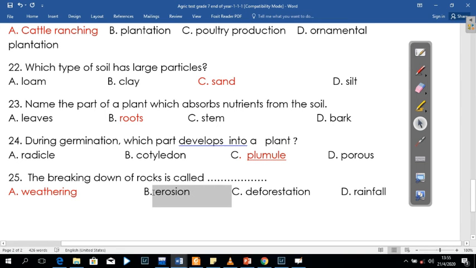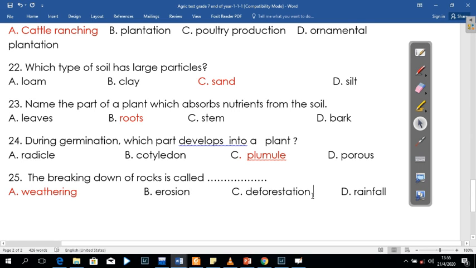We must know what erosion is. This is the washing away of the topsoil, right? Due to many causes, we also have to know the causes of soil erosion, even causes of weathering, and agents of erosion and agents of weathering. We ought to know that.